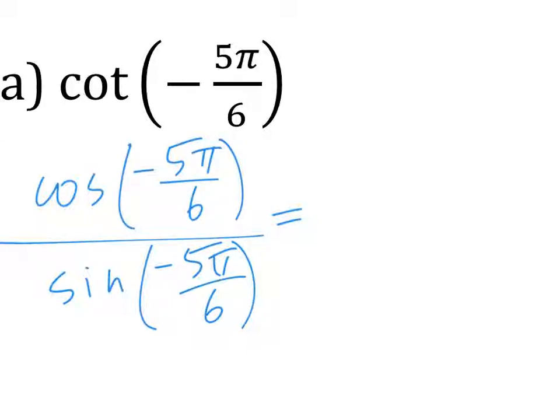So what is cosine of 7 pi over 6? Think in your mind. 7 pi over 6. Square root 3 over 2. However, we're in the 3rd quadrant now, so negative. Okay, what is the sine of this angle?